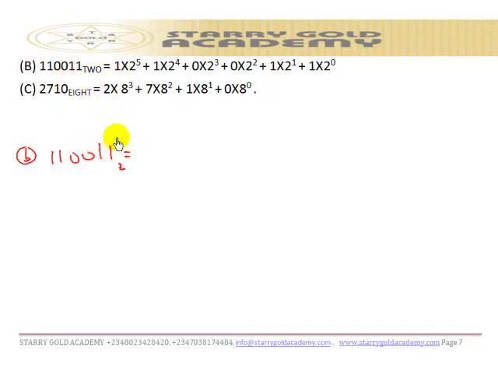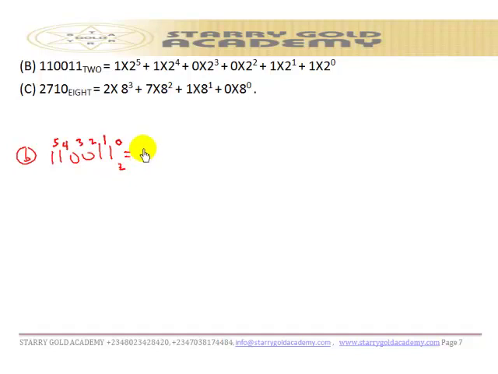The highest place value, let's check from here. 1, your unit, carries a power of what? 0. The next 1 carries a power of 1, that's your tens. 0 is your hundreds. Another 0 is your thousands. This one is your ten thousands. This one here is your hundred thousands. So your power increases.